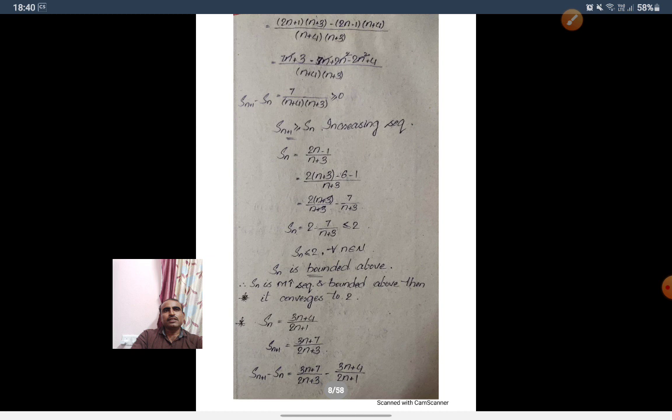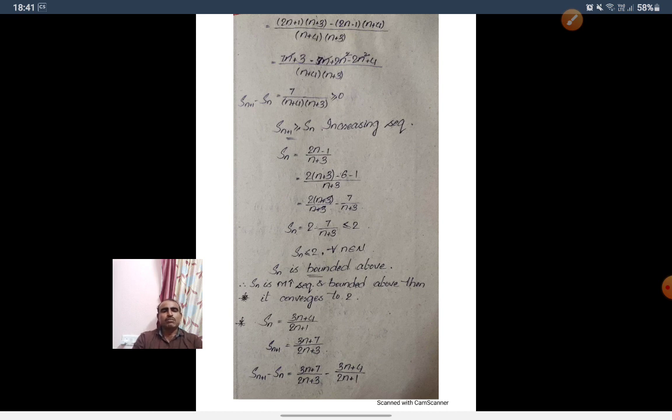Simplify. After simplifying, we get Sn plus 1 minus Sn is equal to 7 by n plus 4 into n plus 3. n is positive because it is a natural number. So 7 by n plus 4 into n plus 3 is a positive number. Therefore, it is greater than or equal to 0. So Sn plus 1 minus Sn is greater than or equal to 0. That implies Sn plus 1 is greater than or equal to Sn. Therefore, Sn is an increasing sequence.